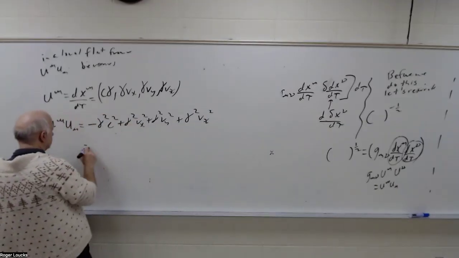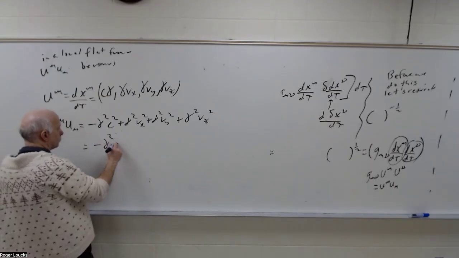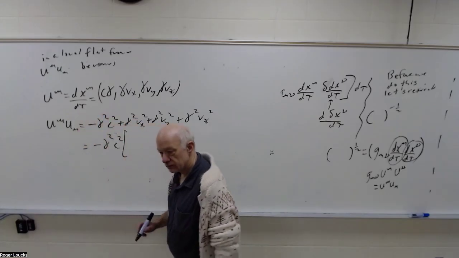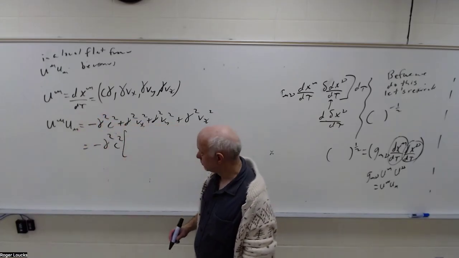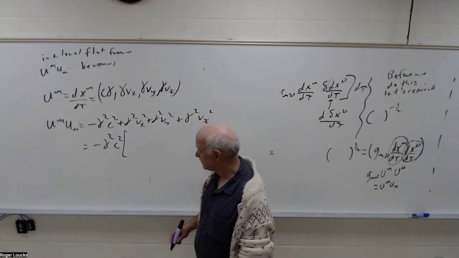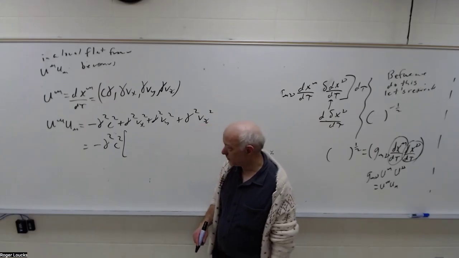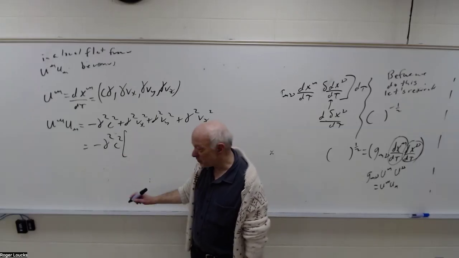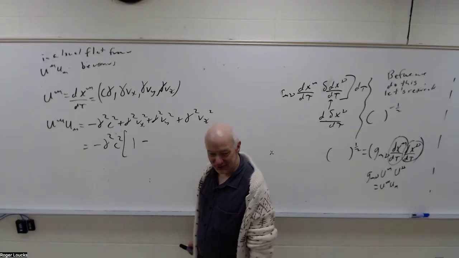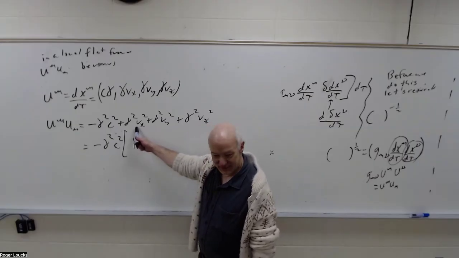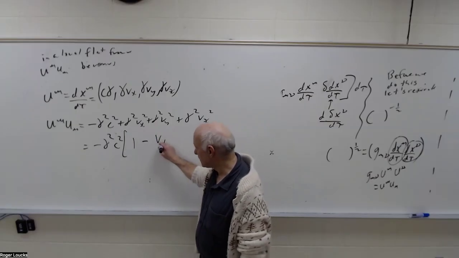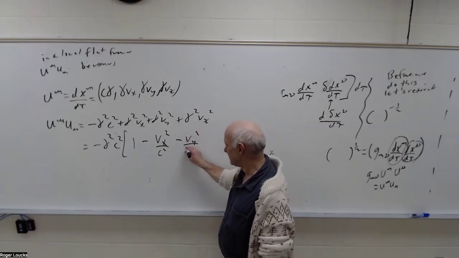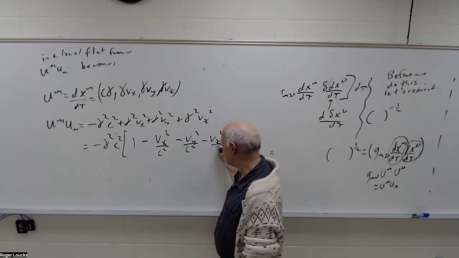You pull out a minus gamma squared and a c squared. What does that leave me with? 1, minus Vx squared over c squared, minus Vy squared over c squared, minus Vz squared over c squared.